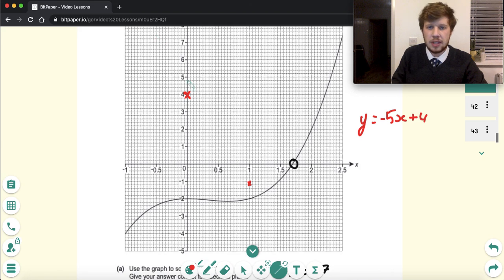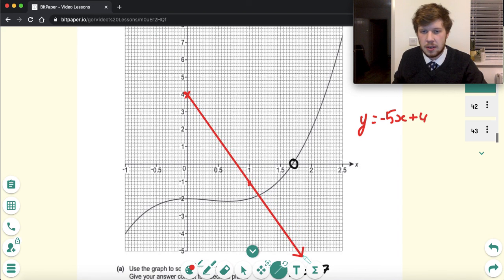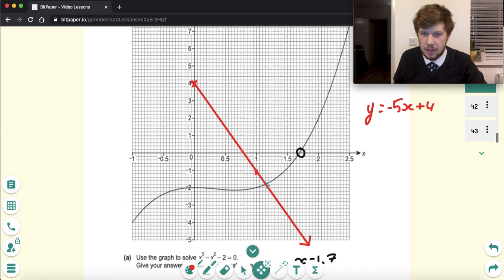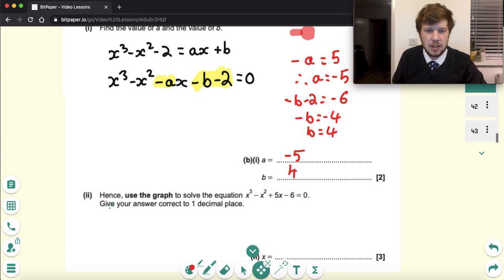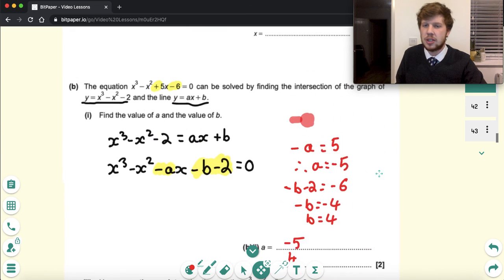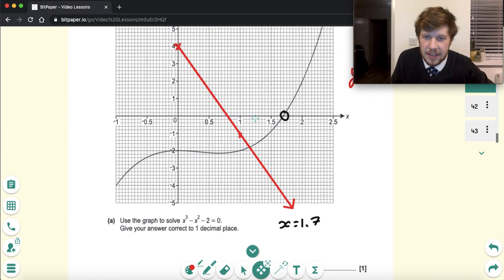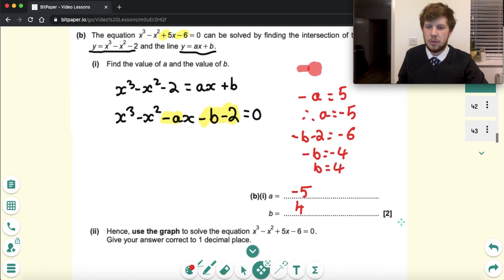So just drawing my straight line, it just needs to go from this point through here, and I'm just going to zoom in and look at this coordinate here. It wants me to give my answer to 1 decimal place, so I just need the x coordinate, and the x coordinate would be positive 1 point, it's about 1.16.